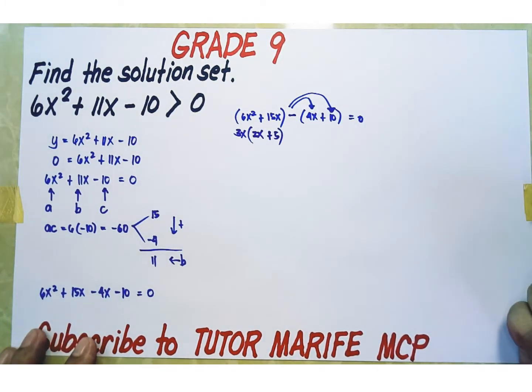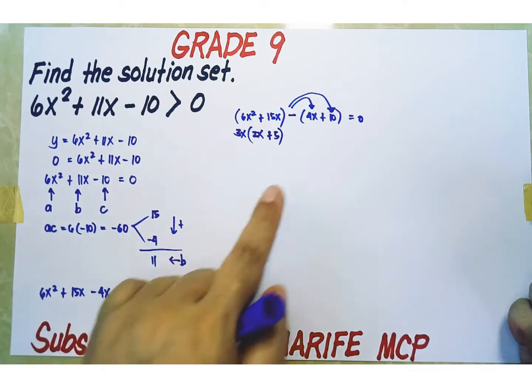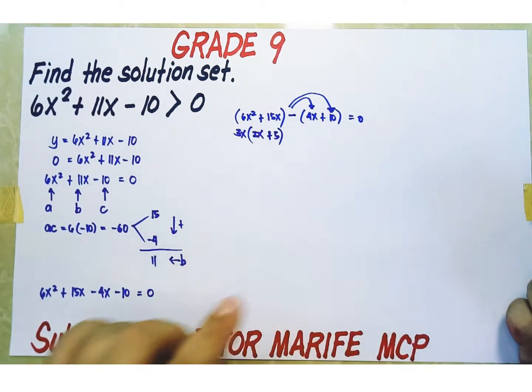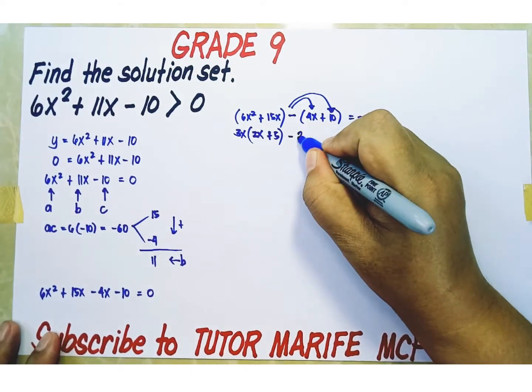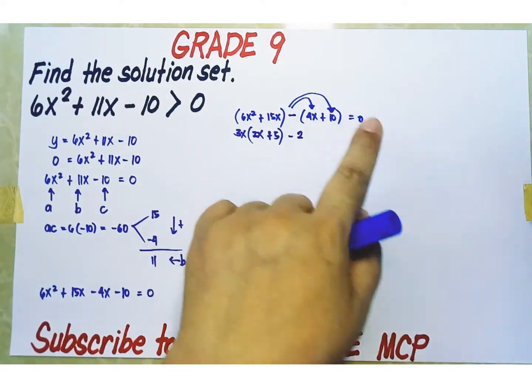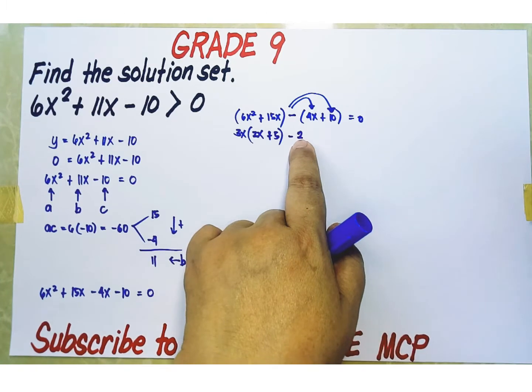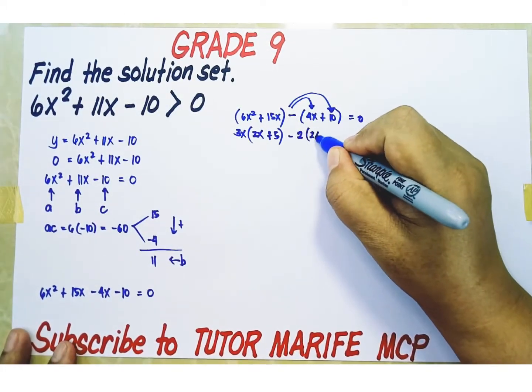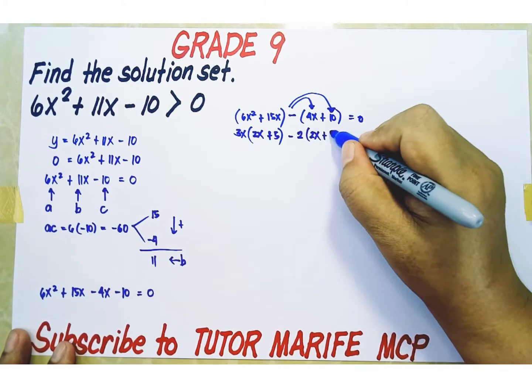Let's also factorize the second group. Factor out their GCF. The GCF of 4x and 10 is 2. Divide each term of the second group by their GCF. 4x divided by 2 equals 2x. 10 divided by 2 equals 5.